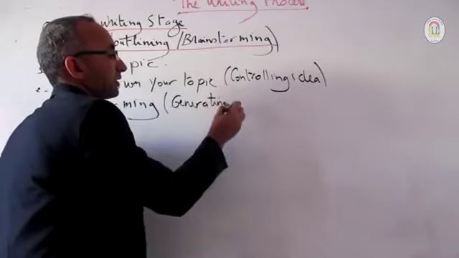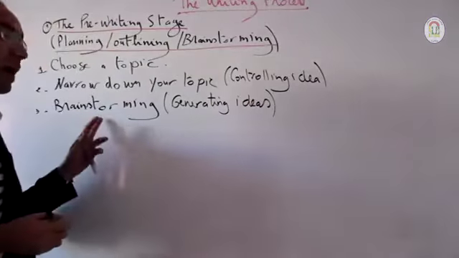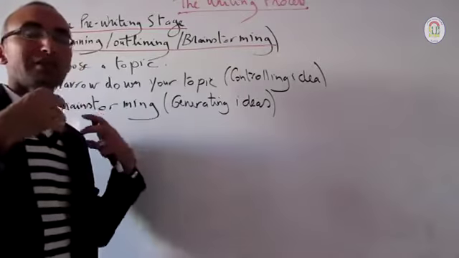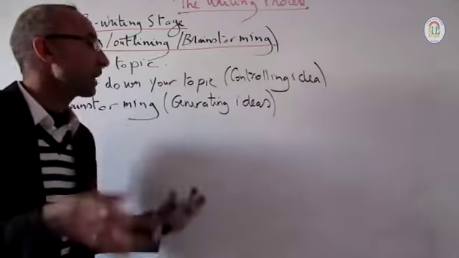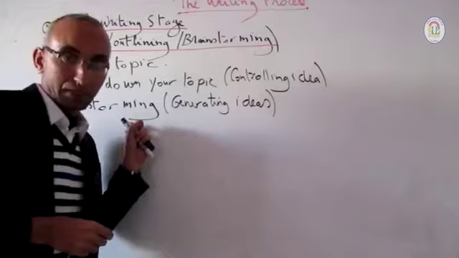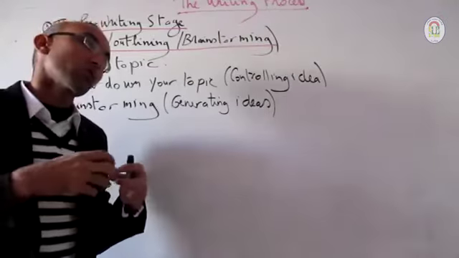Generating ideas. In this step, you are required to generate, to produce, to come up with as many ideas as possible about this main idea of the topic. And here, of course, you are not required to select or to choose.